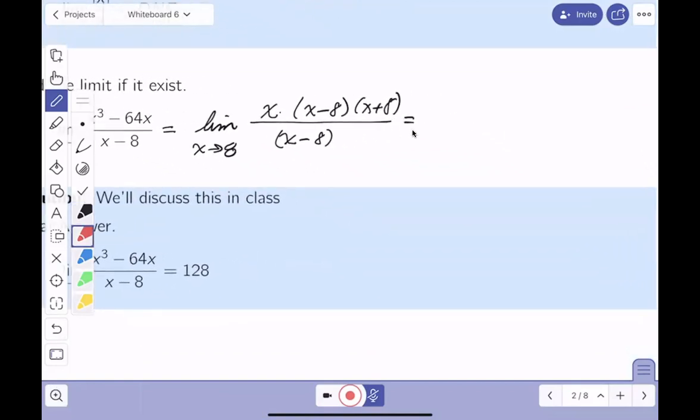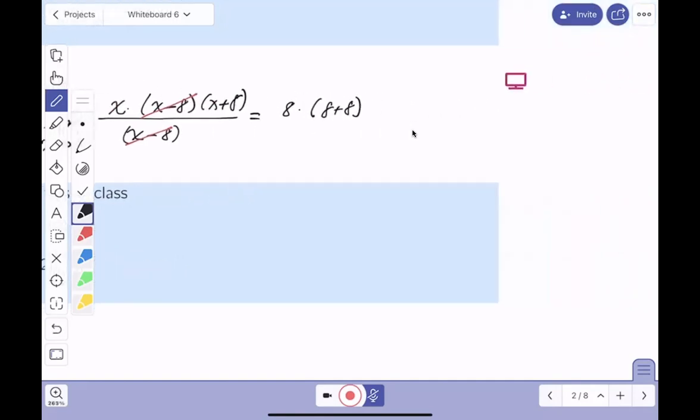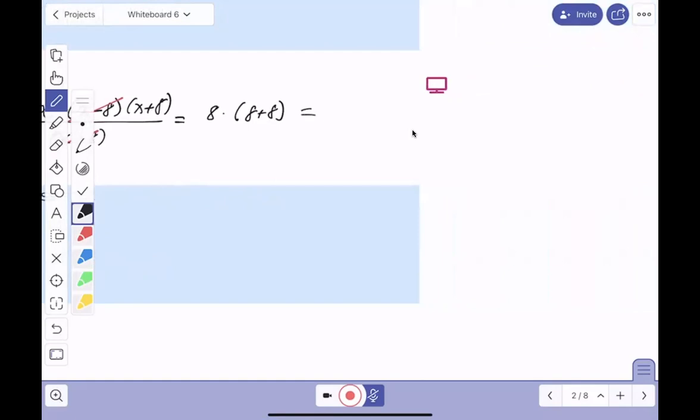Now, if that's the case, and we're not touching it, this would not be 0, and that would not be 0, so it cancels off. Now I'm left with the limit law. What's that going to be? Well, basically just an evaluation now. It's going to be 8 times 8 plus 8. You're expected to do arithmetic if you can do it. And I think we can handle this. This is 8 times 16, which can be 80 plus 48, which is 128.